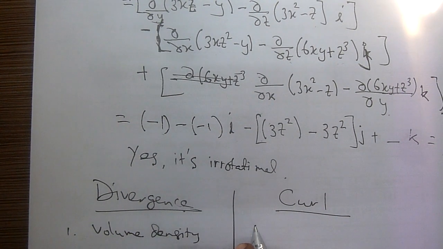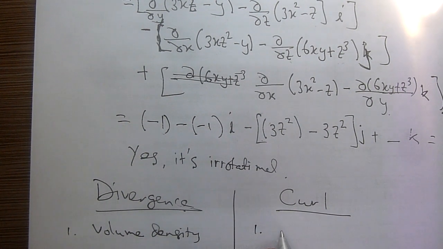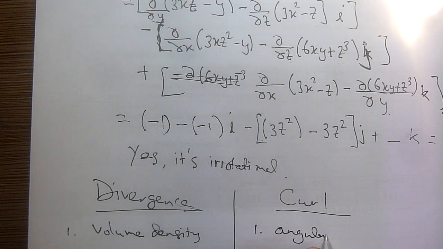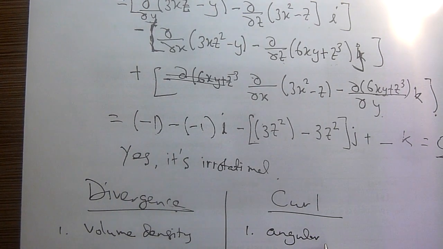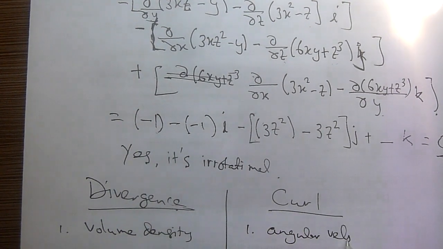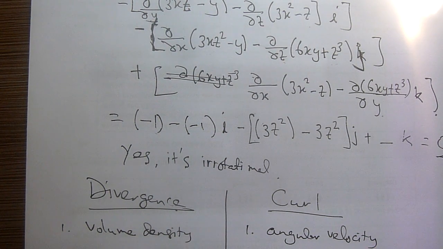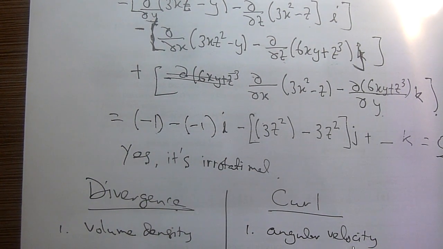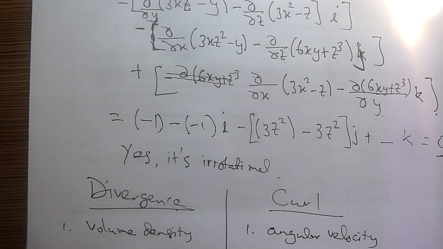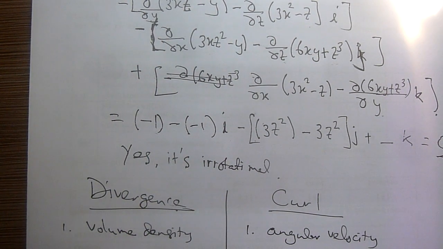And this one will speak about the rotation, field rotation or angular velocity. There is a great difference between volume density and angular velocity. And the formula is a product.